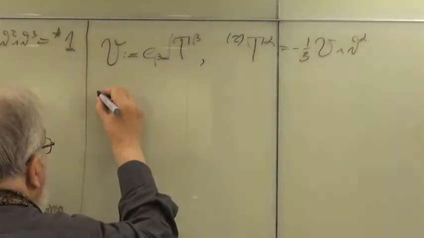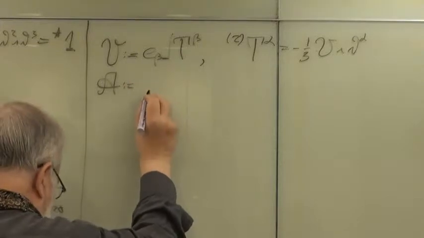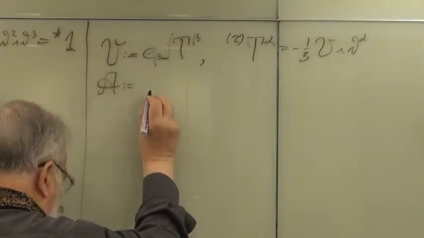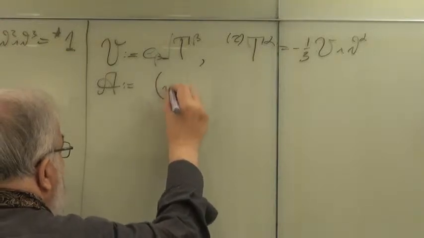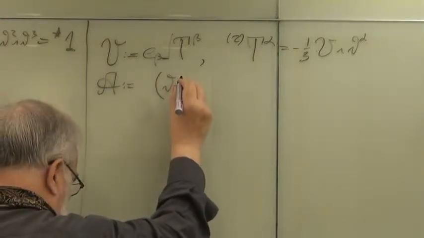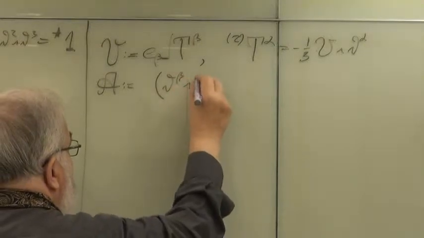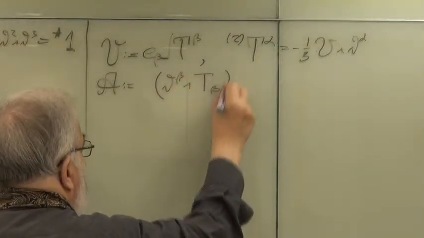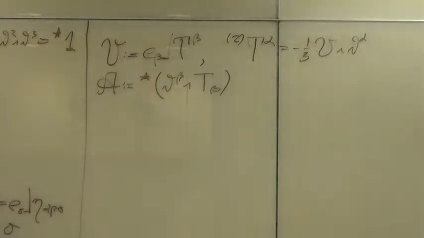And in a corresponding way, the axial vector is by definition A = *(ϑ_β ∧ T^β). So this is a 3-form, you take the Hodge dual, and you have a 1-form.